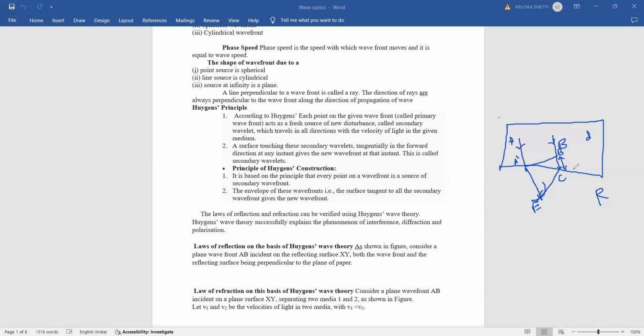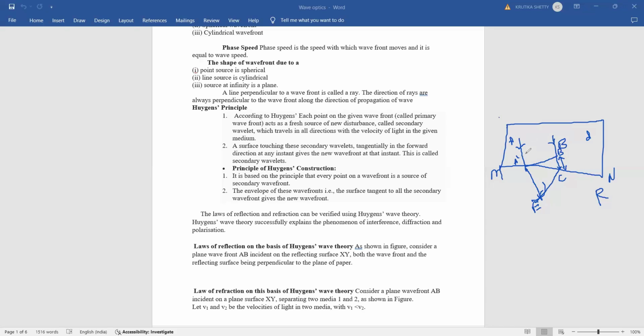This is M, this is N. This MN is a refracting surface. MN is a refracting surface. A dash A. So here we can see A dash A. I'll change the color so that you can see.